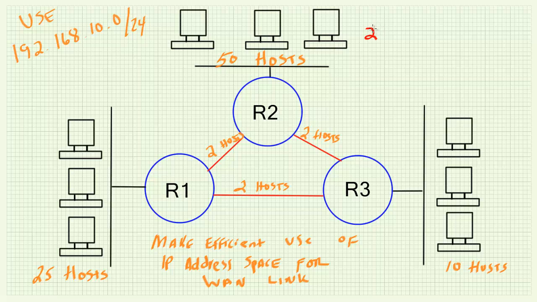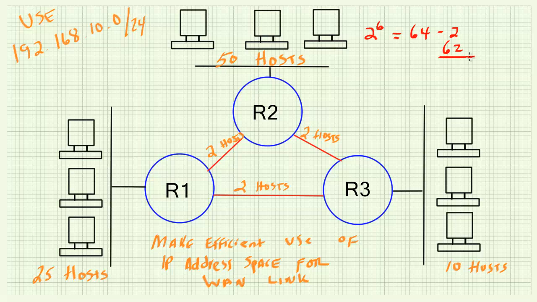So 64 minus those 2 special cases would be 62 usable host addresses if we claim 6 bits for the host portion of our networking scheme here. So 2 to the 6th, that's 64, minus the 2 special cases, that gives us 62, and that will work for location 2. 62, is that too many? Well, yeah, it is.